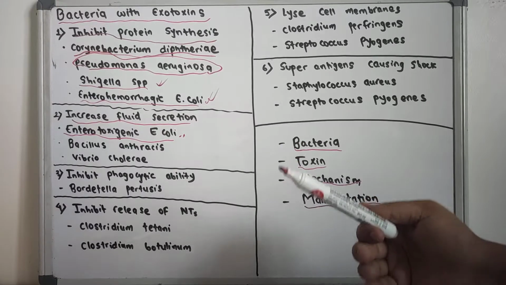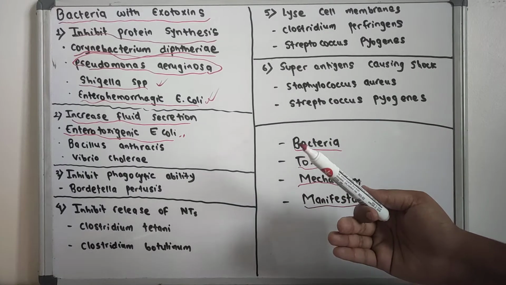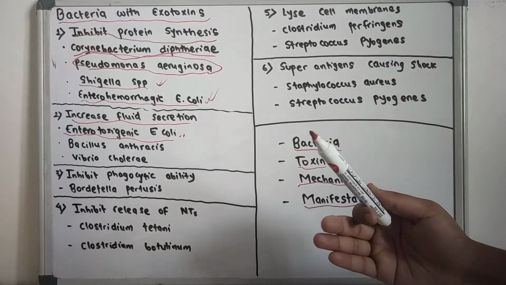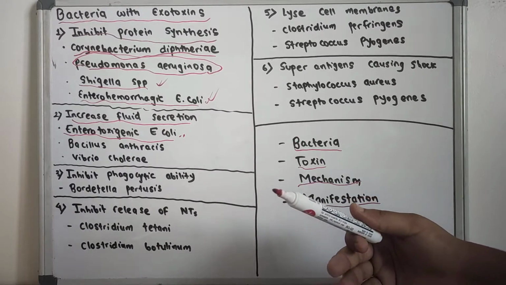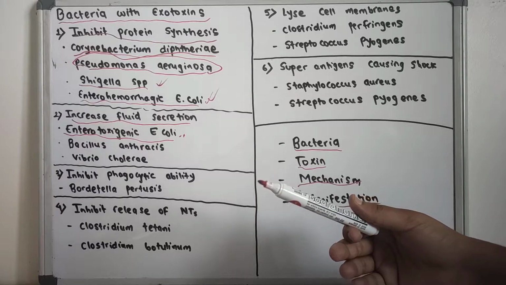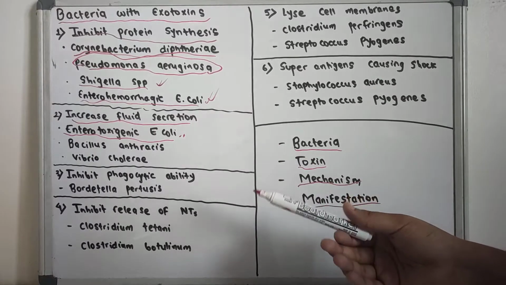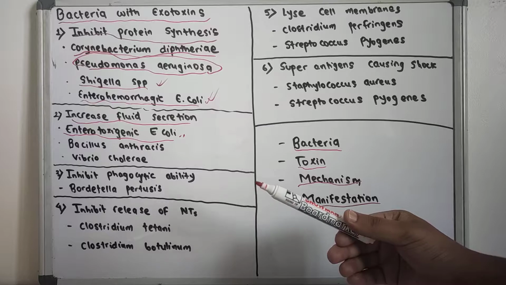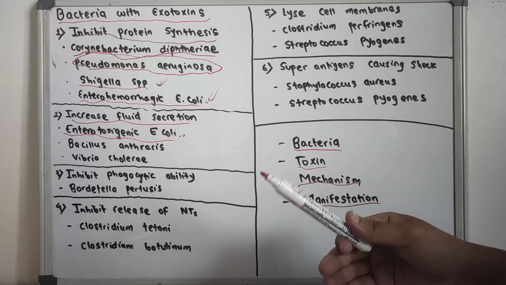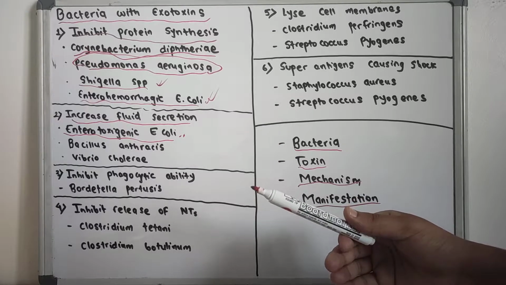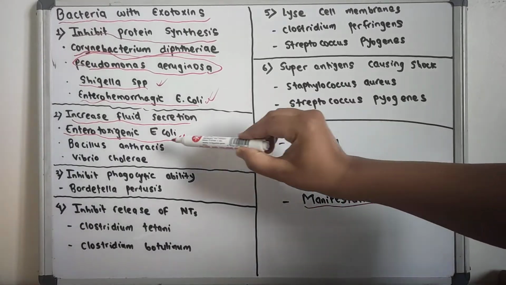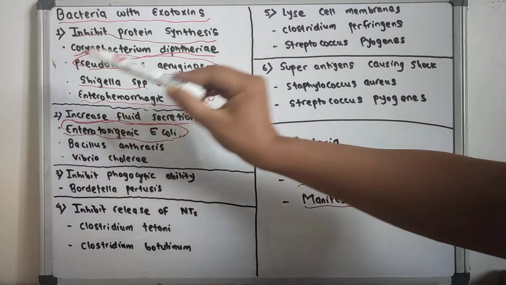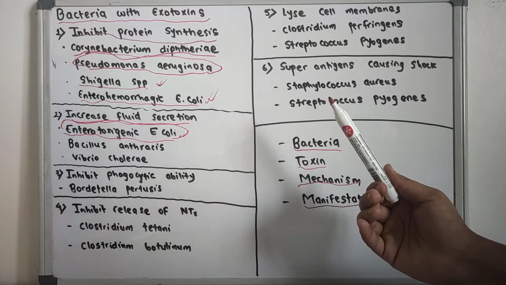First, the heat labile toxin will overactivate adenylyl cyclase and increase the chloride secretion in the gut and the water efflux. Whereas the heat stable toxin will overactivate guanylate cyclase, increasing cyclic GMP, and it will decrease the reabsorption of sodium chloride and water in the gut. So the manifestation of enterotoxigenic E. coli infection will be watery diarrhea.